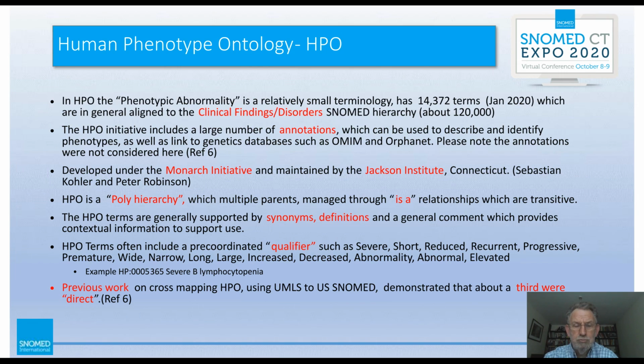It does have pre-coordinated terms at the beginning, often such as severe, short, reduced, recurrent, progressive, etc., similar to the SNOMED qualifiers. An example is severe B lymphocytopenia. There has been work on mapping previously, which was done by de Hombres and Bodenreiter, and they found about a third were direct maps.